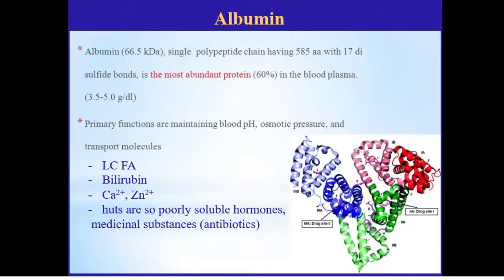Nearly 40 ions of calcium can be transported by one molecule of albumin. Then there are specific proteins for our steroid hormones, for thyroxine, for our vitamins, but excess of these molecules can also interact with albumin.